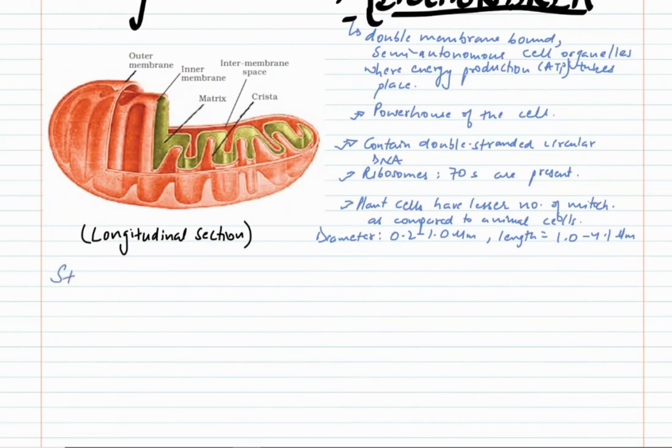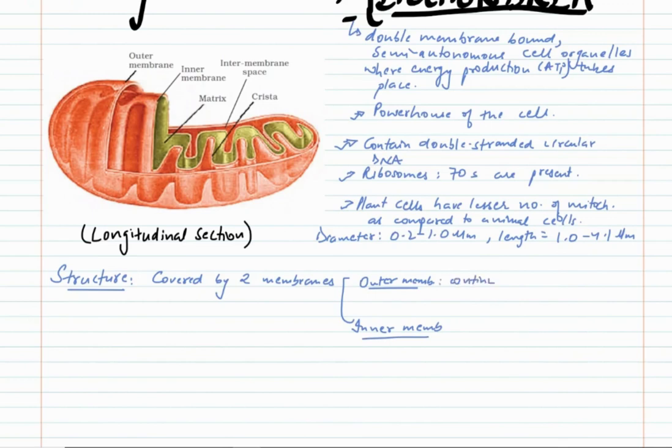Now moving on to the structure of mitochondria. Mitochondria are covered by two membranes. One is the outer membrane and the other is the inner membrane.